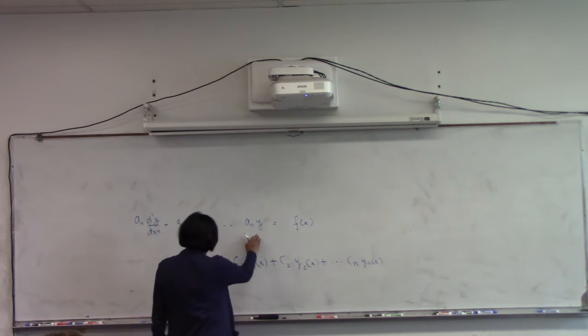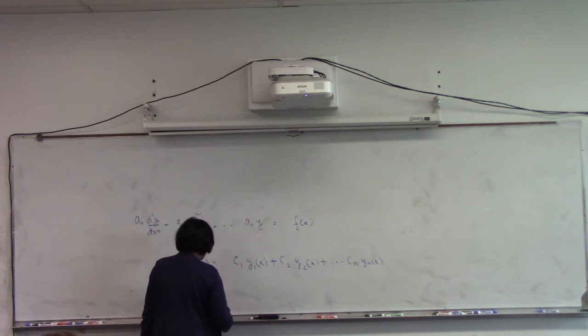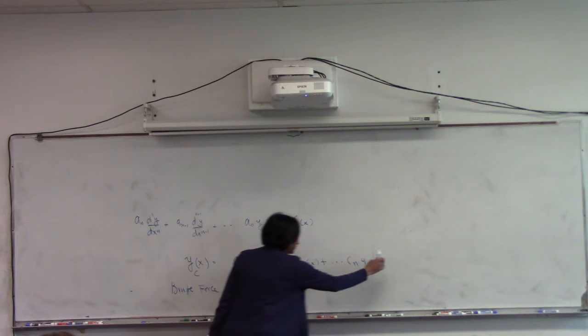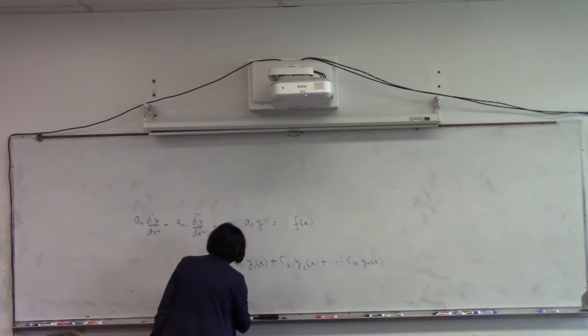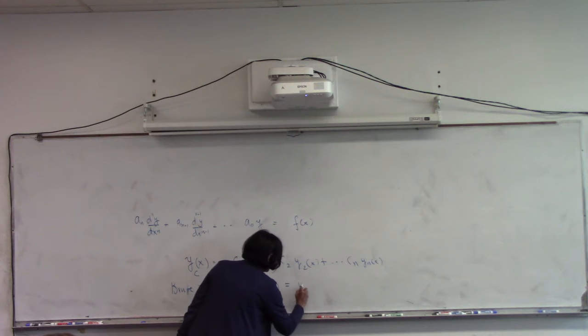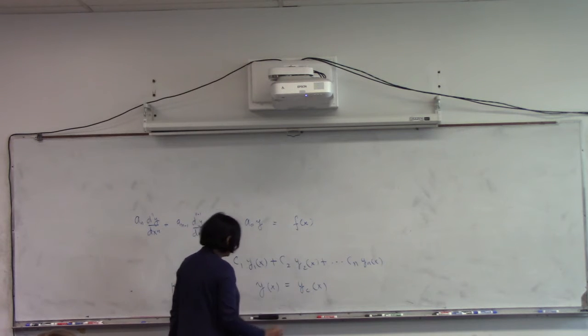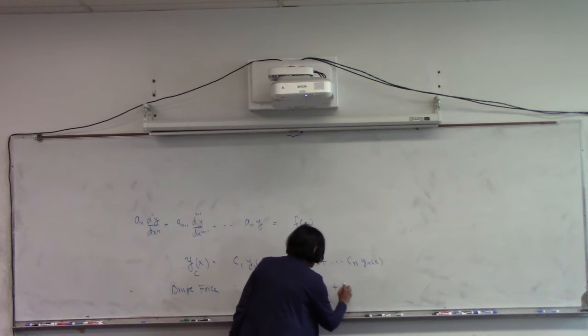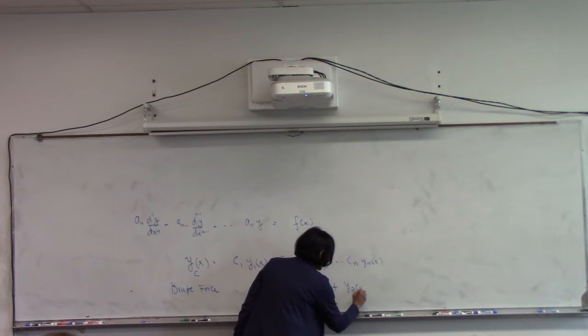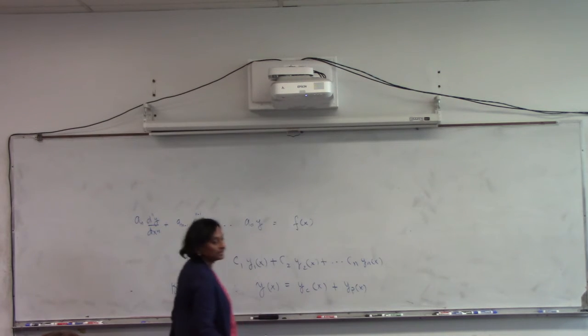It's an operator operating on this y, right? So can I add to this something such that the right hand side is not equal to 0? This y(x) is the complementary function, the linear combination of all the solutions, plus a particular solution which satisfies the differential equation.